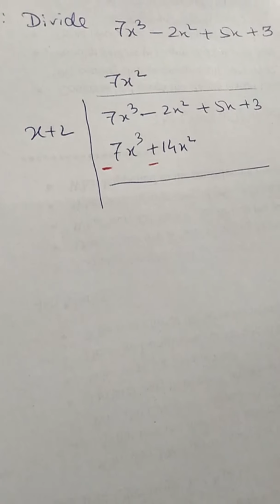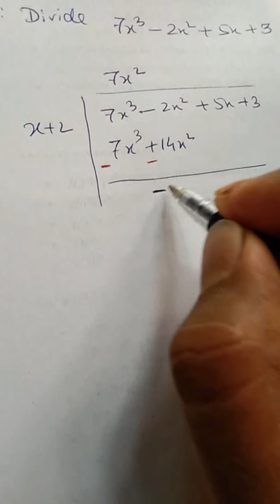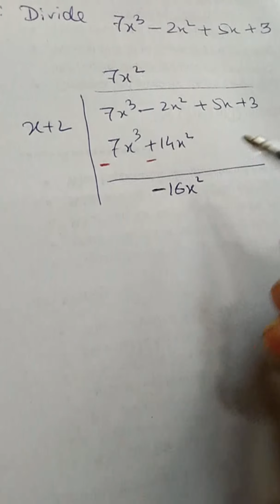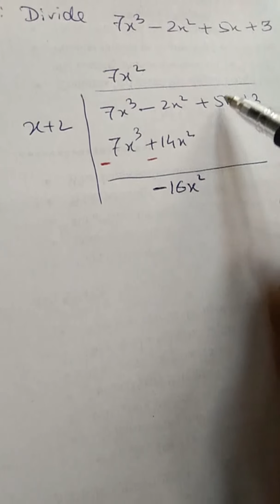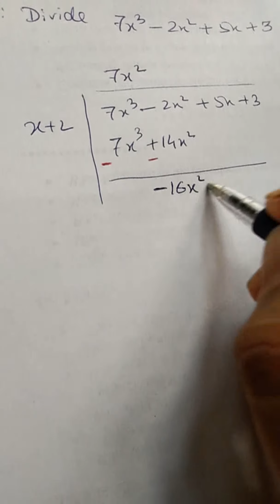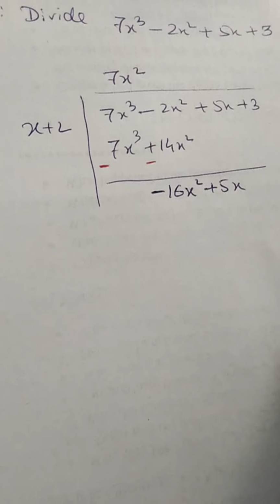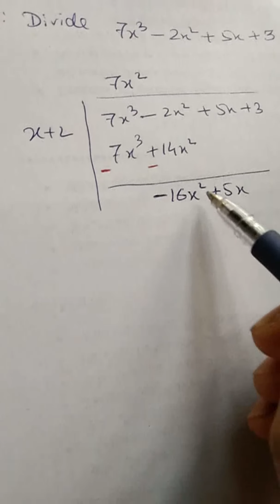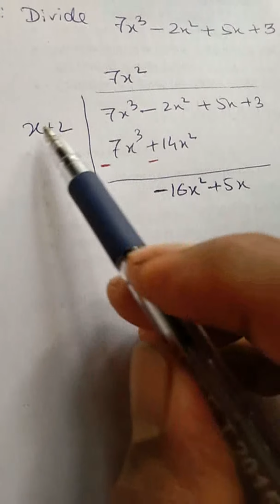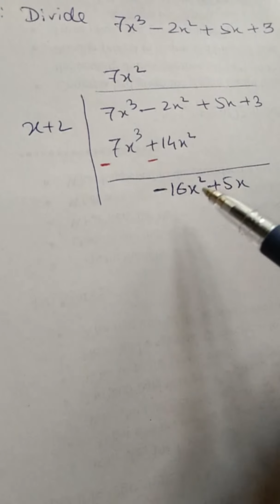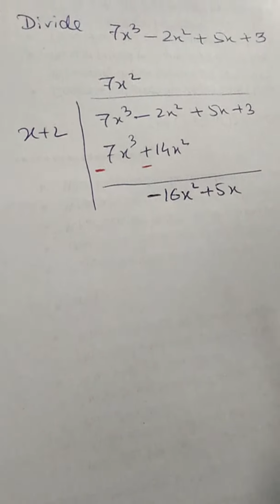So minus 14 and minus 2 will become minus 16x square. That we will write here, and then plus 5x will come here as it is, plus 5x. Now again, for minus 16x square, first we divide by x and see what term we'll have to take here.